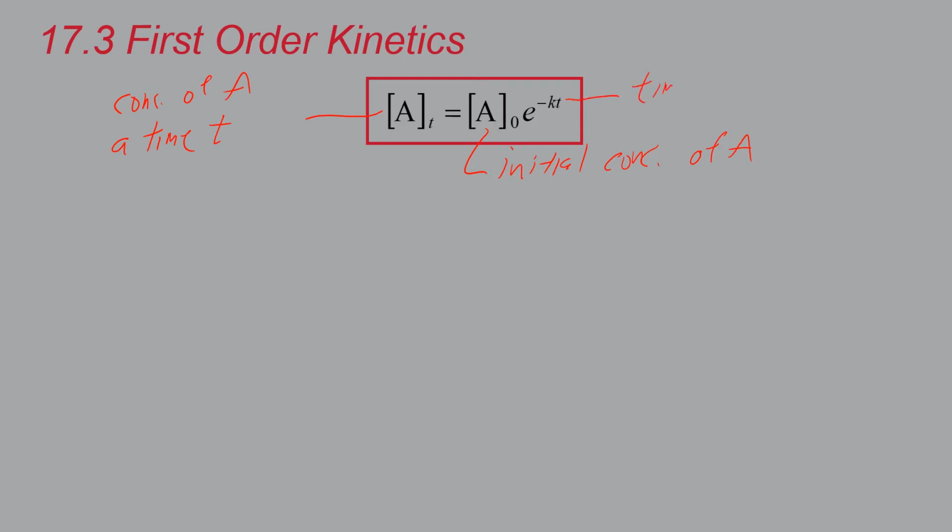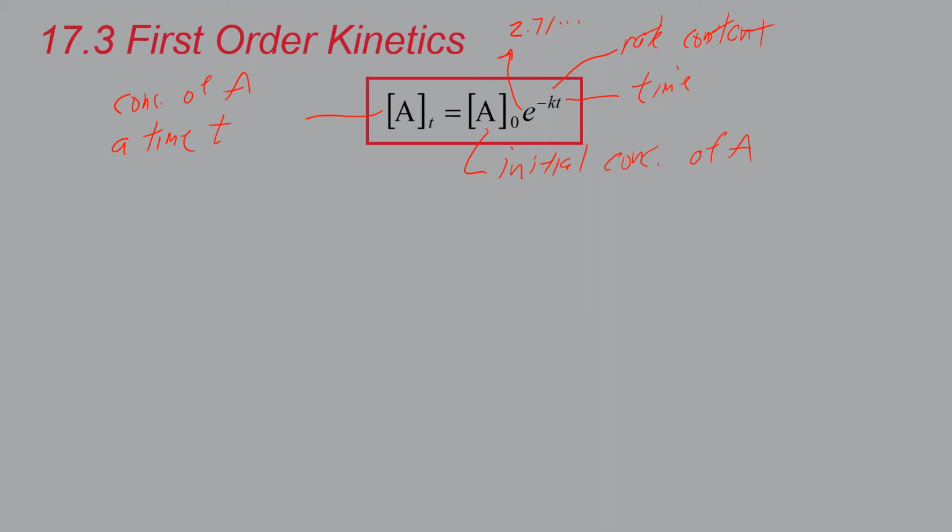That t is the elapsed time. K here is the rate constant from yesterday. And last but not least, this e is just the base of the natural log system, so it is just a number that is equal to 2.71 and a bunch more digits. That's pretty much it.